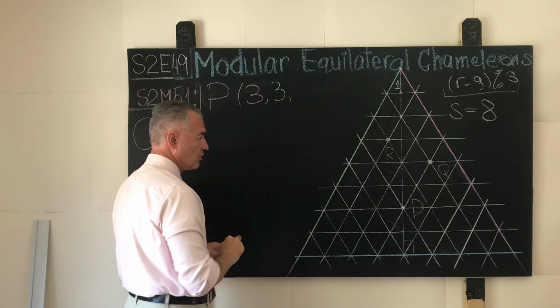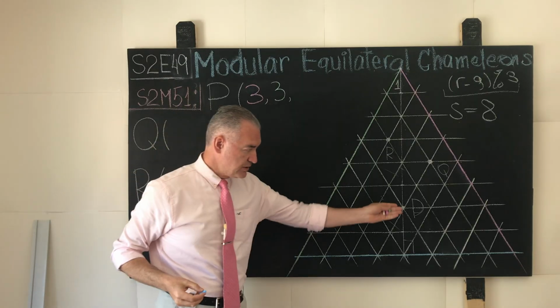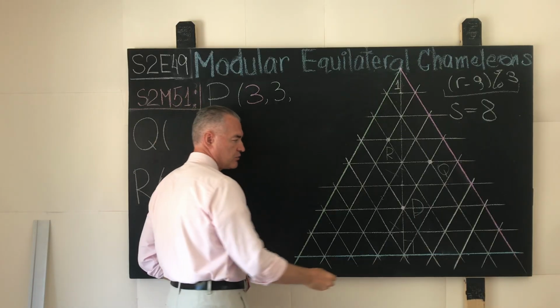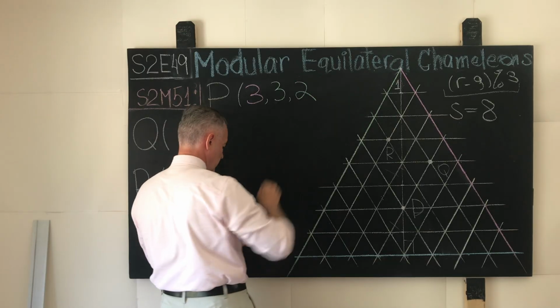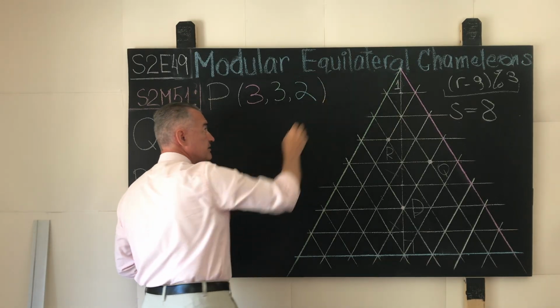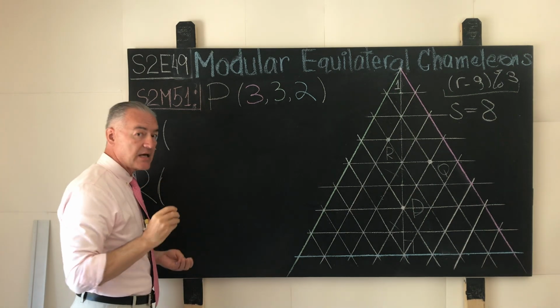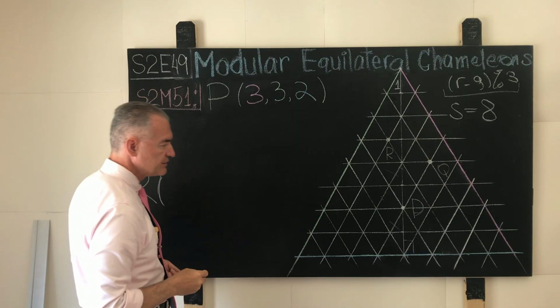And what is the blue component? The blue component for the coordinate of the point P corresponds to the distance of the point P from the blue side of the parent equilateral triangle, which is what? 1, 2. So we'll write down 2, and this is it. Voila. This is the coordinate of our point P on the discrete, logically three-dimensional but physically two-dimensional coordinate system.